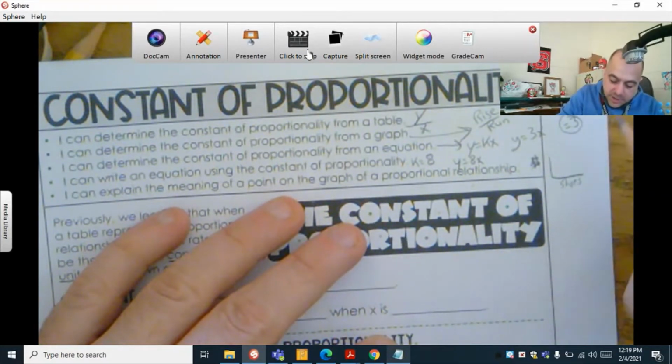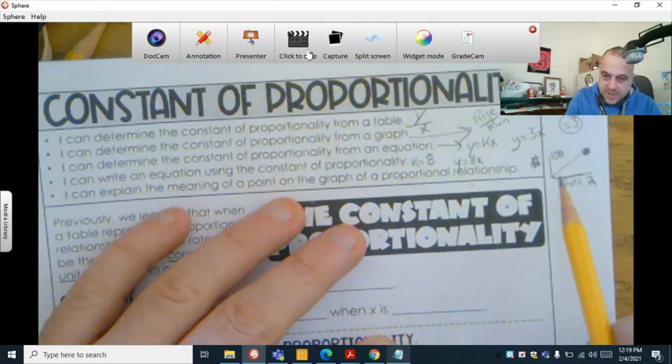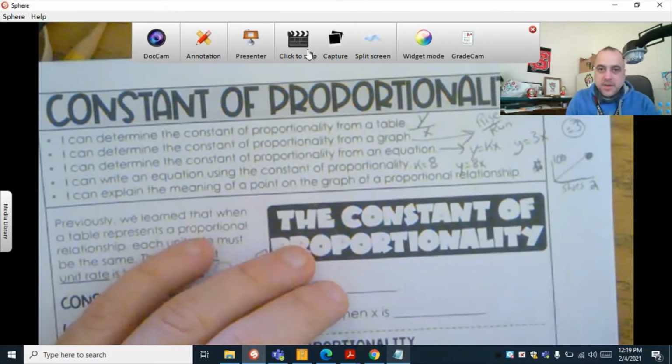And let's say right here we have a 2, and up here we have $100, and it stops right here. This is saying that it's $100 for 2 shoes. Okay? That's basically the gist of it.